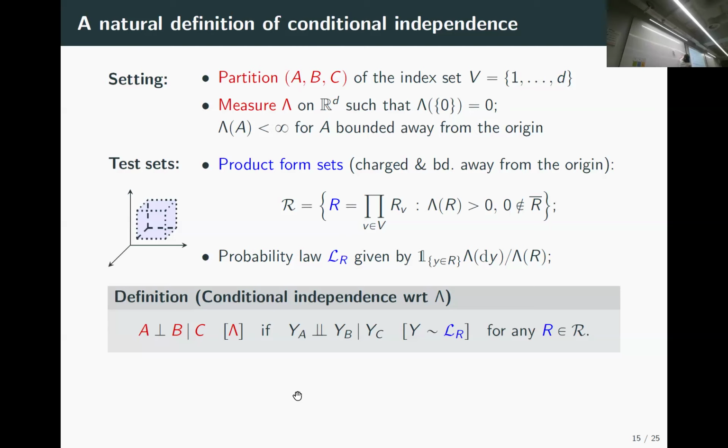If we restrict it to this cube, we can normalize it to a probability measure. Then we can take a random vector distributed according to this probability measure, and because we have a product form set, it makes sense to require conditional independence.